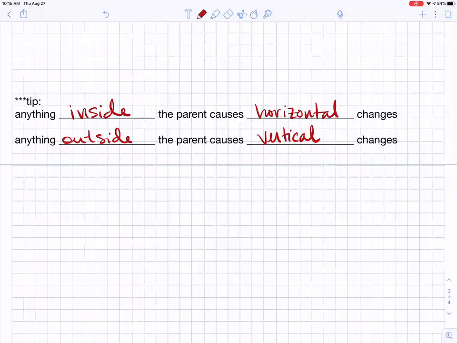So anything on the inside of the parent causes horizontal changes, anything on the outside causes vertical changes. Any questions about that? Zoom, you guys, any questions? No?